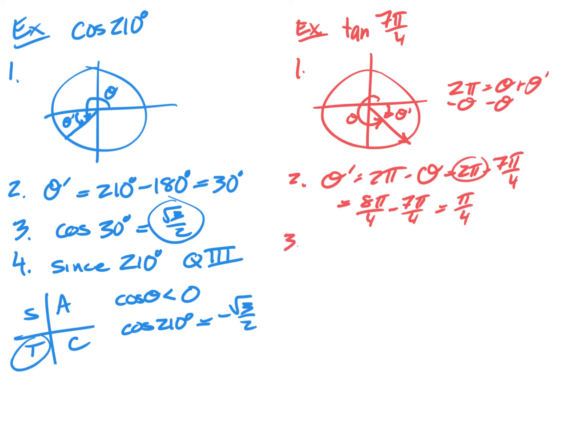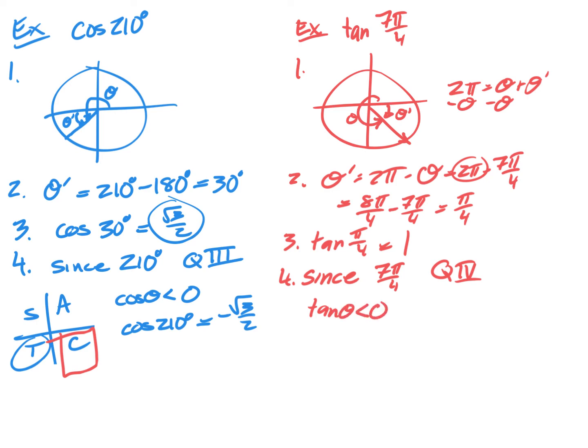Now, step 3, we compute tangent at that reference angle, tangent of pi over 4, and that is 1. And so, since we know that 7 pi over 4 is in quadrant 4, so we're down here in quadrant 4, cosine's positive, that means the other two values, sine is negative and tangent is negative.